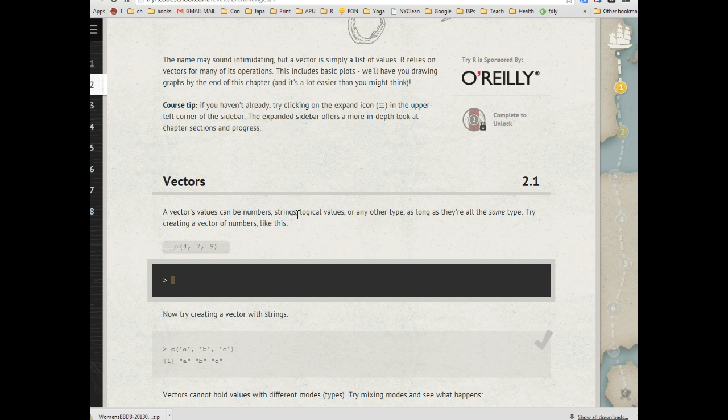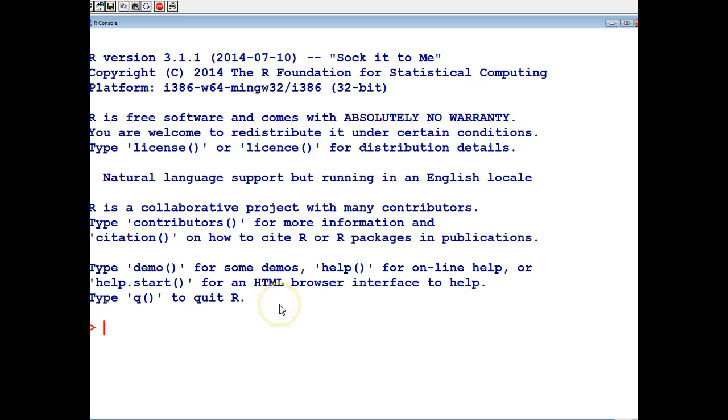So vectors. What is a vector in R? Well, first of all, you should have done things like this. What is this going to give me? A sequence of numbers between 8 and 14, right? But in R, that's called a vector of numbers between 8 and 14.